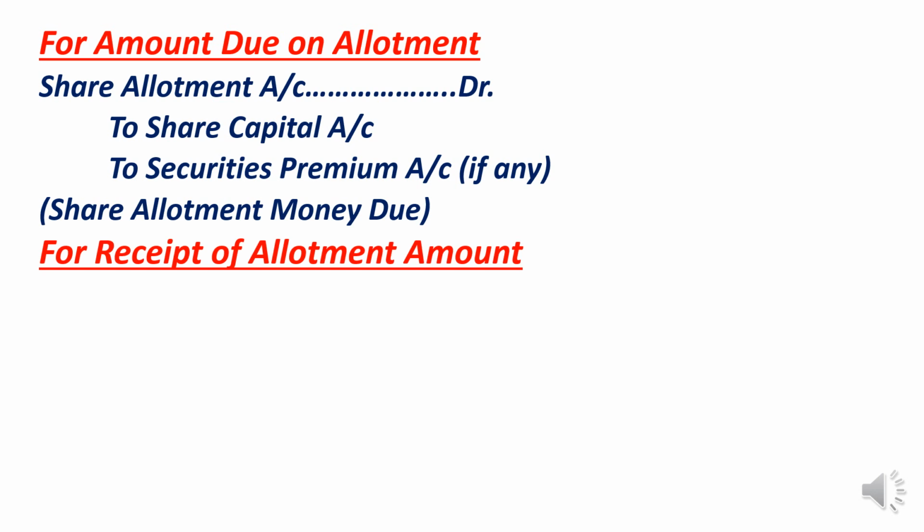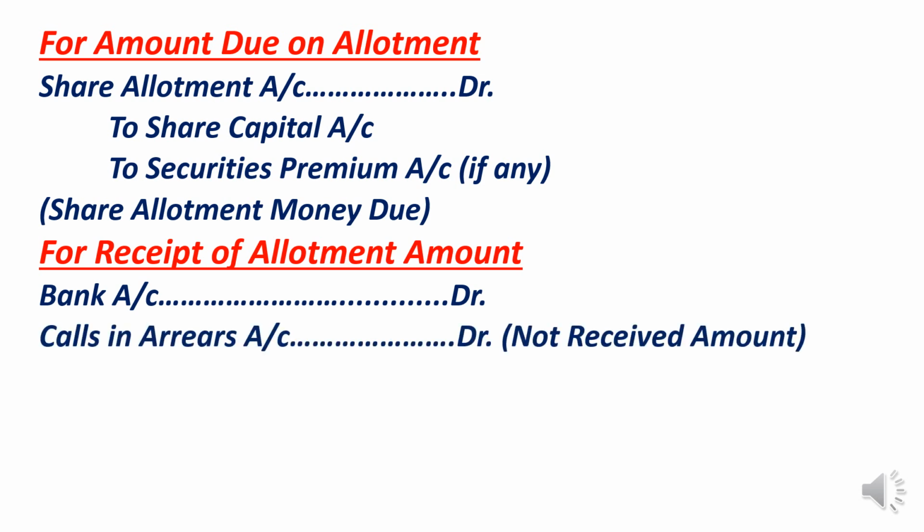Then for receipt of allotment money, when we receive allotment money, what will be the entry? Bank account debit, calls in arrears account debit. Calls in arrears in the sense the people to whom we have allotted the shares but they did not make the payment. In that case, their amount will be transferred to an account called calls in arrears account, so that it will be collected in future. So to the extent of amount not received.